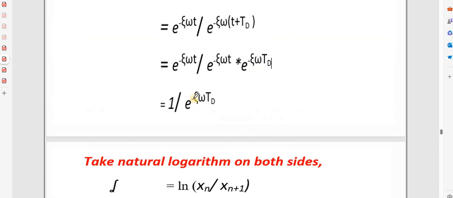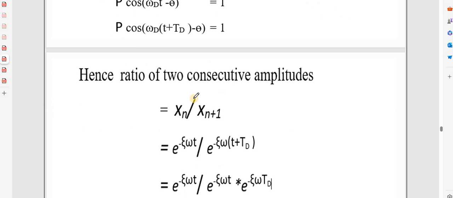Now this xn can be written like this: xn is e raised to minus theta omega t, divided by e raised to minus theta omega into (t plus td). Why has td come? Because it is the time period, the damped time period. It was initially like this, then it is slowly decreasing and going to 0. So here the time period will be from this point up to this. Since it's a damped system, the time period will be td.